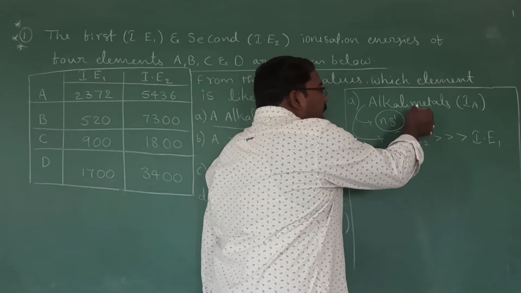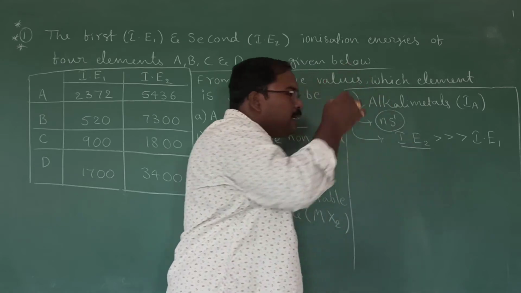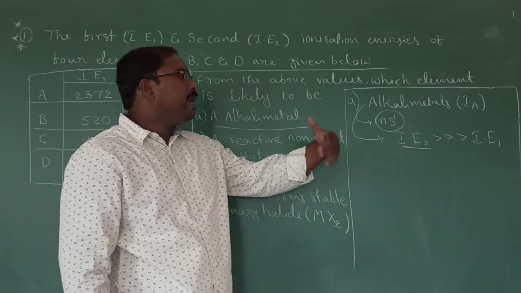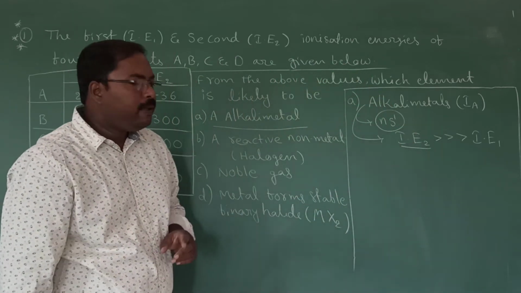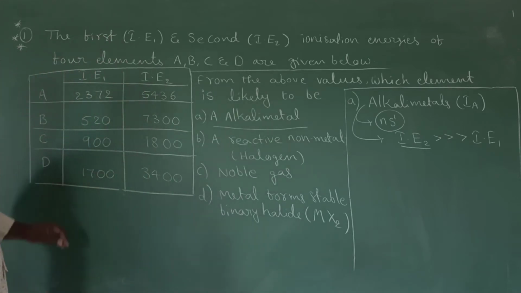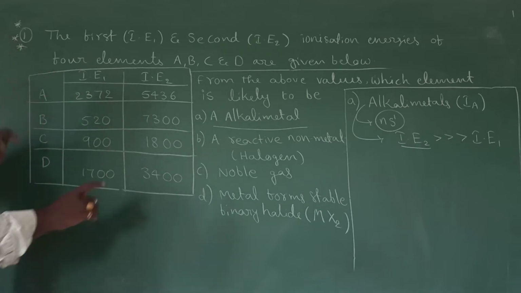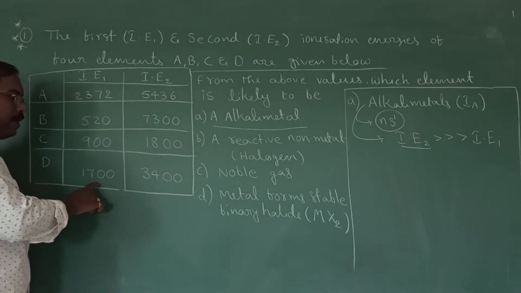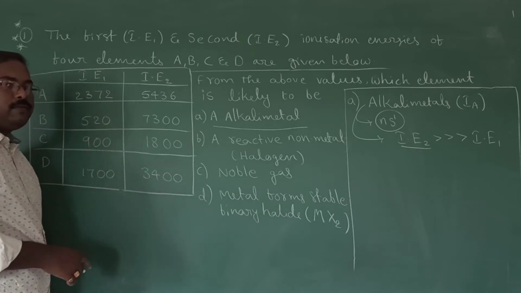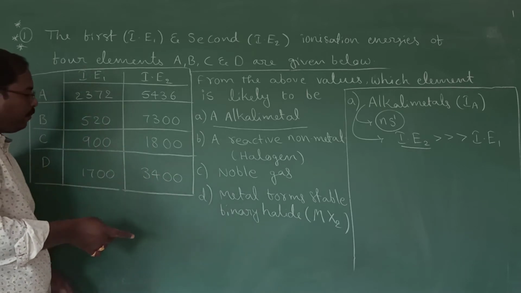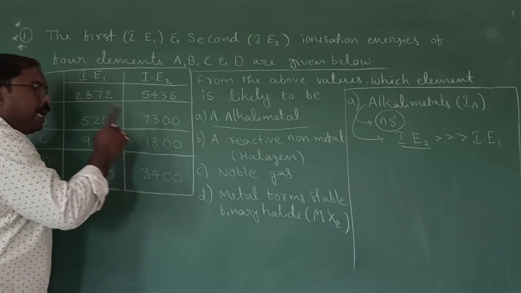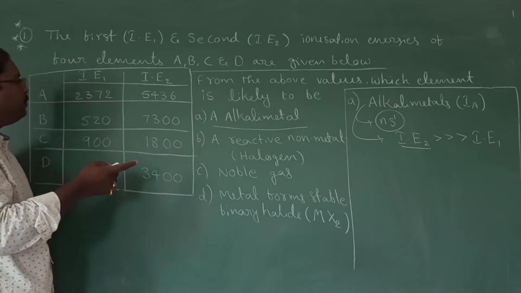That is why in alkali metals the second ionization energy is greater than the first. Now come to this table. Where do we observe the sudden rise? If you observe here, 1700, 3400, nearly double. 900, 800, nearly double.